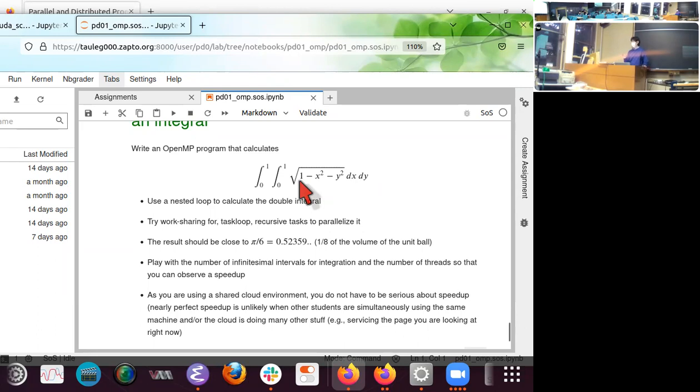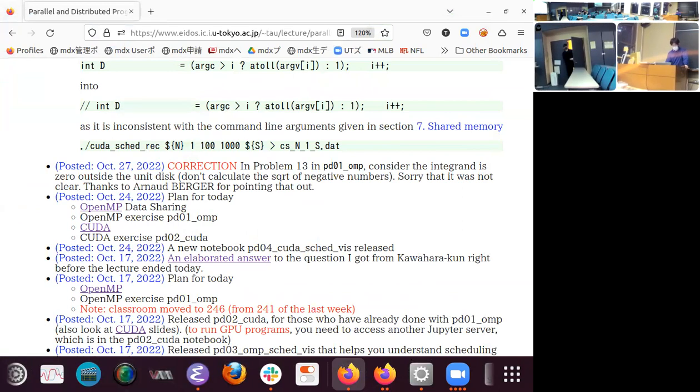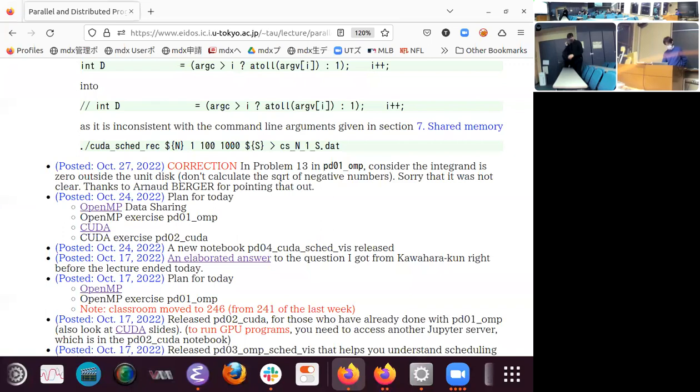Alternatively, you can simply consider this integrand to be 0 anywhere outside the unit disk. Either way, just ignore the points where what comes inside the square root becomes negative. This is how you work around it. Of course it's my bad, and I'm hoping many of you have figured that out.